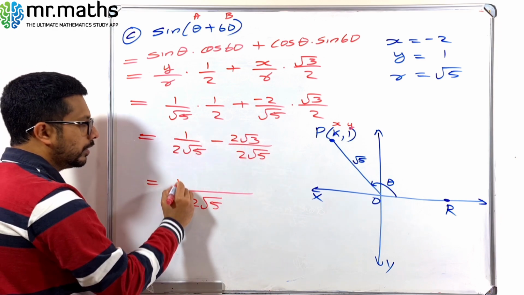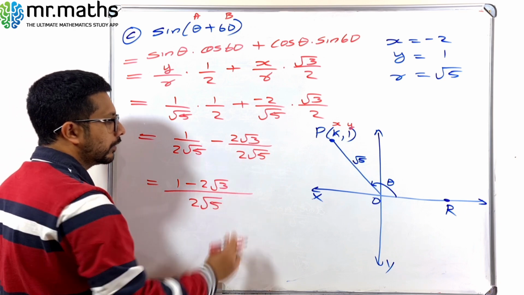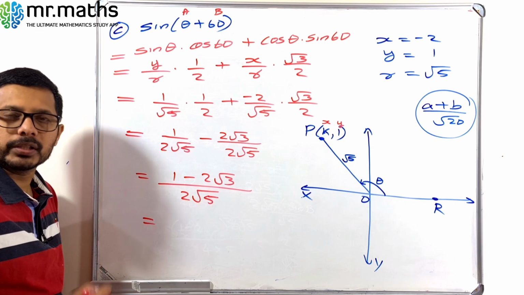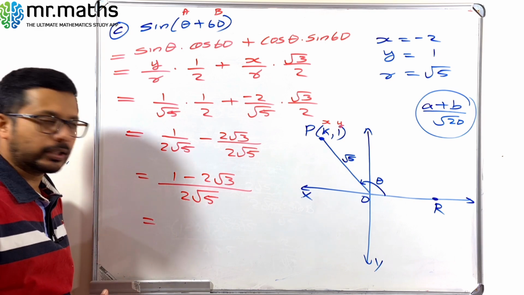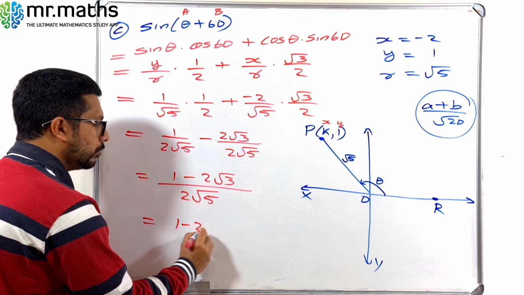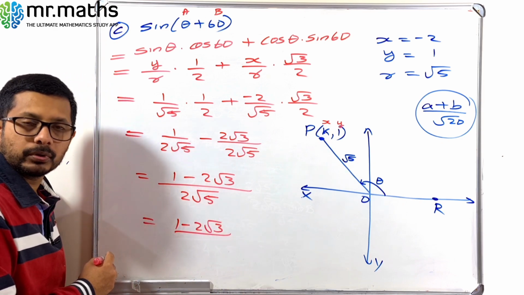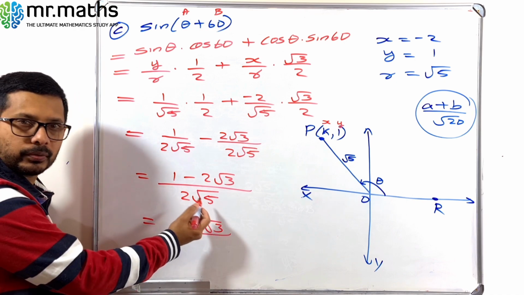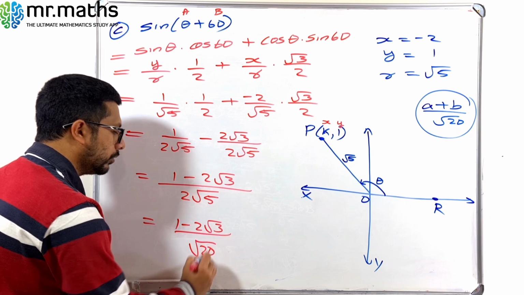Okay, so here it is 1 minus 2 root 3, over 2 root 5. Check in your calculator what is 2 root 5; you will get the same as root of 20. So this 2 root 5 is the same as root of 20.